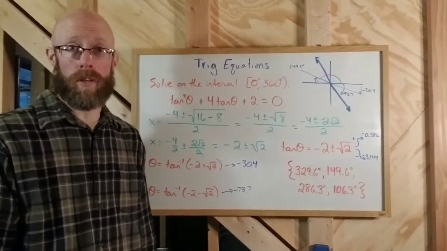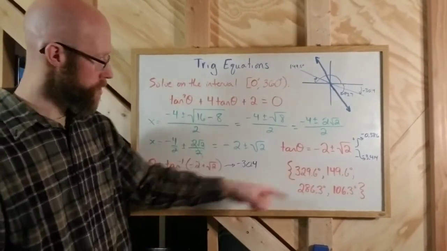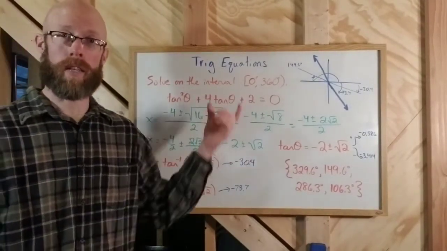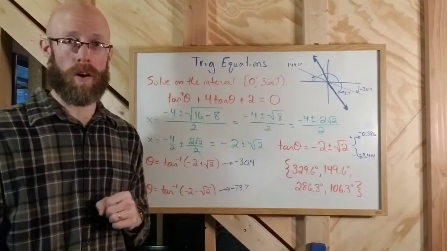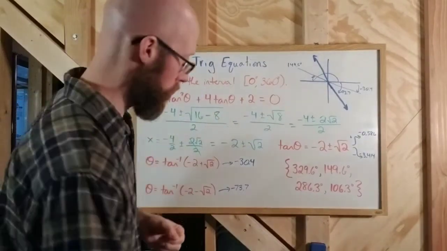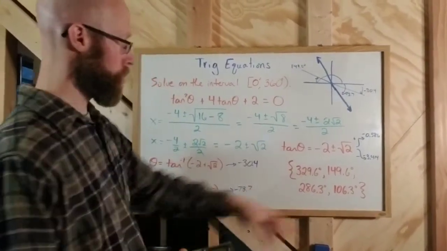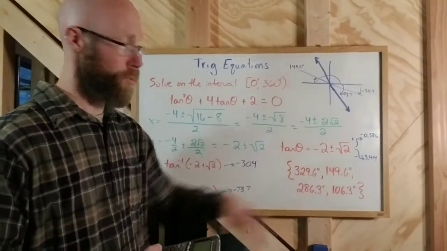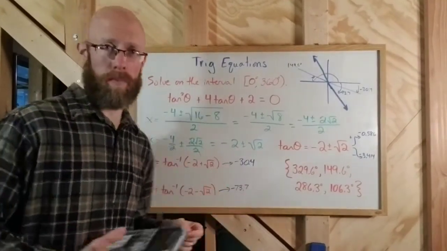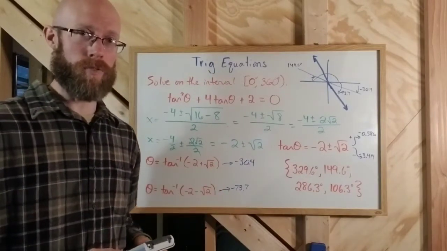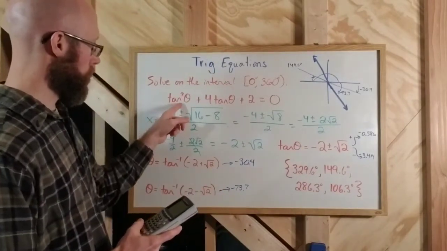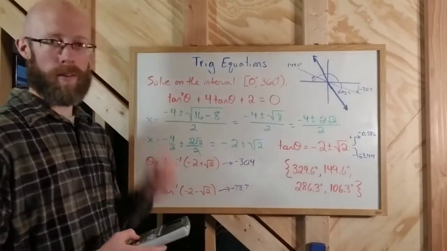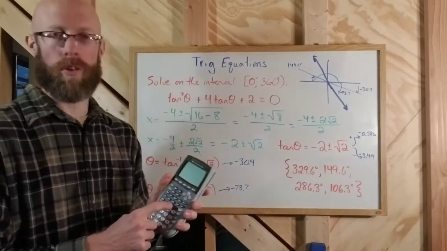So in theory that should work. These four angles should, if I plug them in for theta up here, make the left side of the equation equal to 0. Maybe I'll verify it for just one of these. Let's go with the 149.6 degree angle, just as a quick check to make sure I didn't do something crazy. I'm going to type in tangent. Now when you square a trig function, surround the whole thing with parentheses.